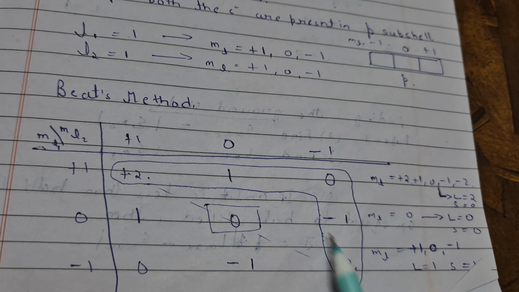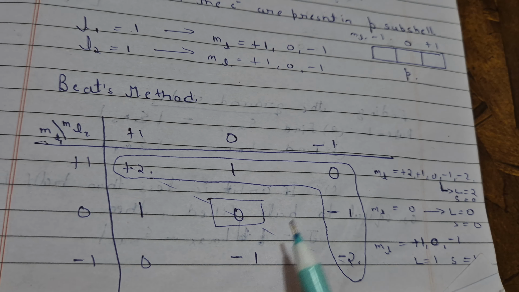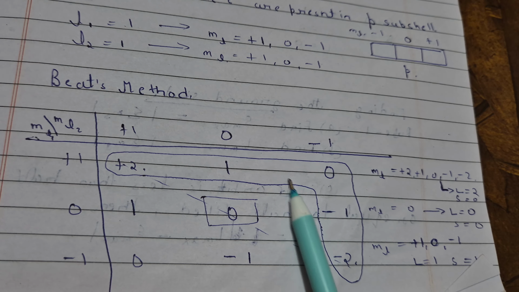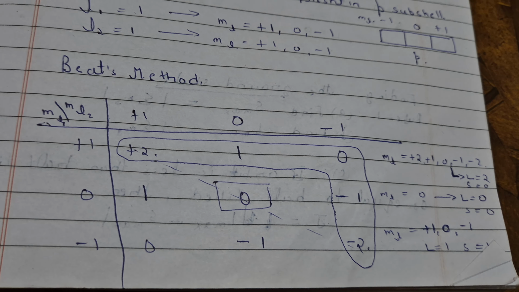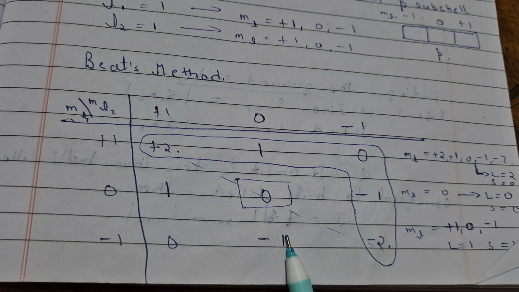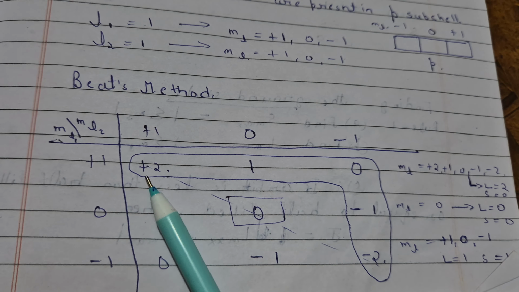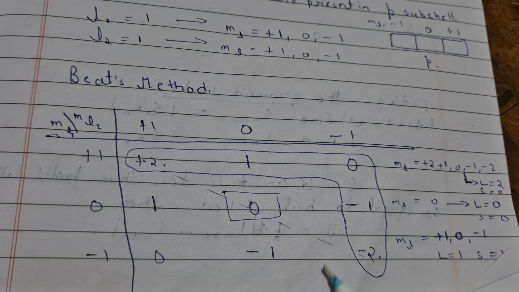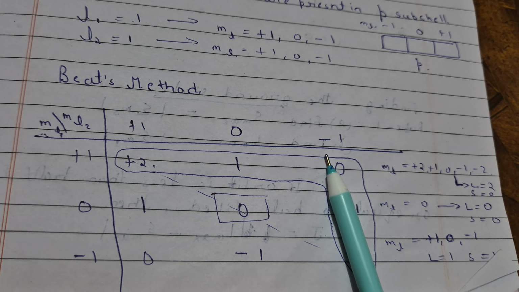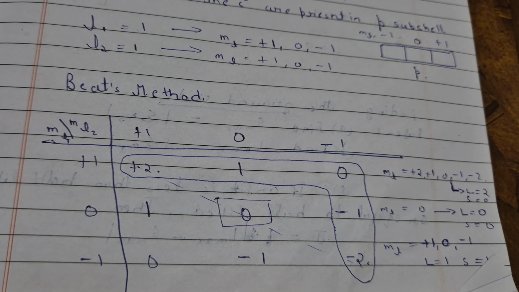These diagonal sequences which start and end with a diagonal element will have s only 0. So they will go with s equal to 0 only, and the off-diagonal element which is remaining will go with s equal to 1. So you must remember this rule. For this one, it is plus 2 to minus 2, so L will be 2, and this goes with s equal to 0. The 0 element goes with s equal to 0 and L equal to 0.